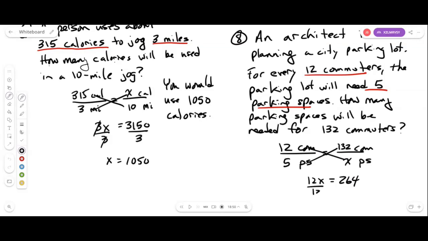Then divide by 12, divide by 12. 12s divide out. 264 divided by 12 is 22. So the answer to the question is we would need 22 parking spaces.